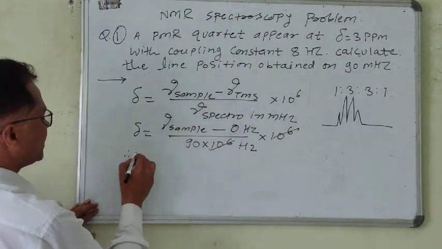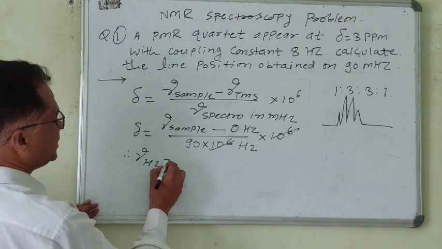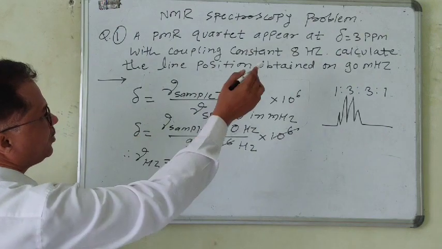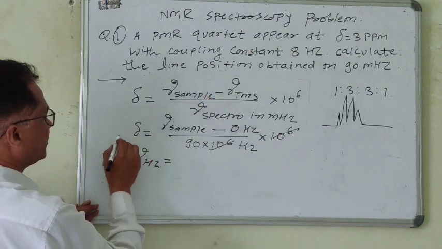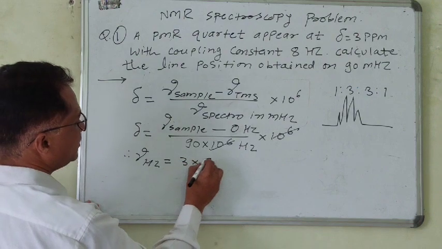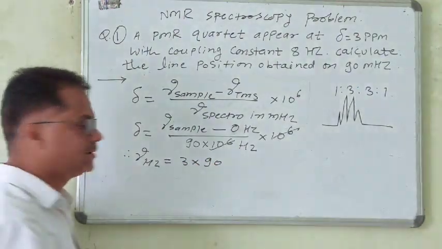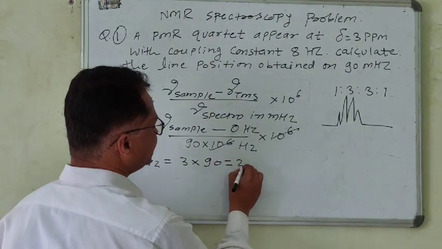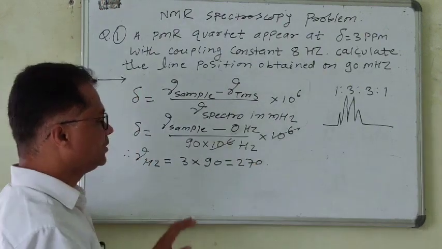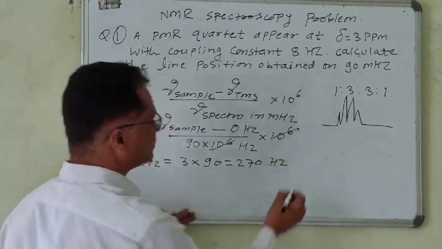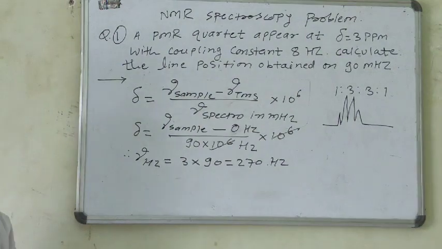So the frequency of the sample in Hertz is equal to the delta value given here, which is 3, that is 3 parts per million, 3 into 90, that becomes 270. So 270 Hertz is the frequency of the sample.